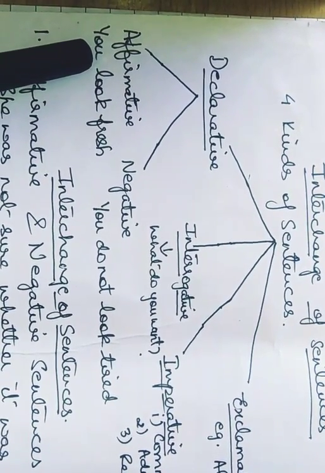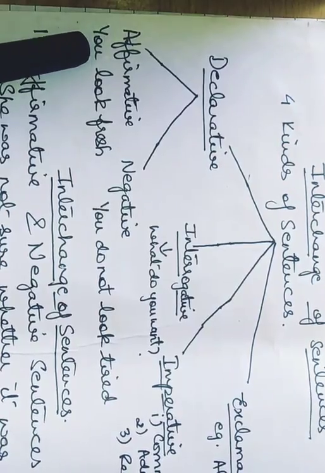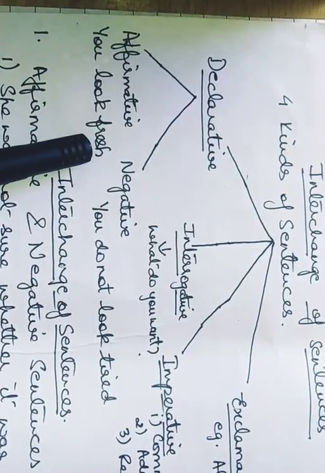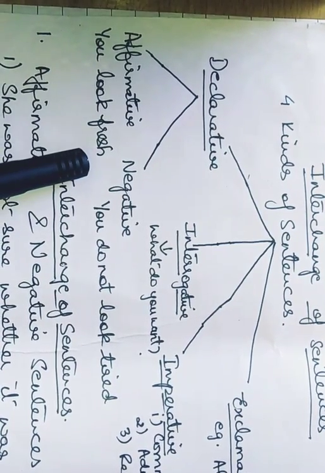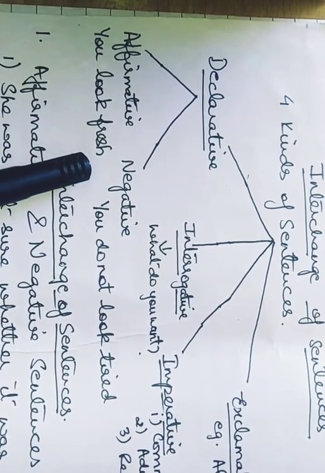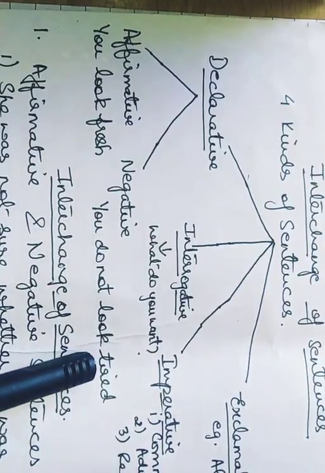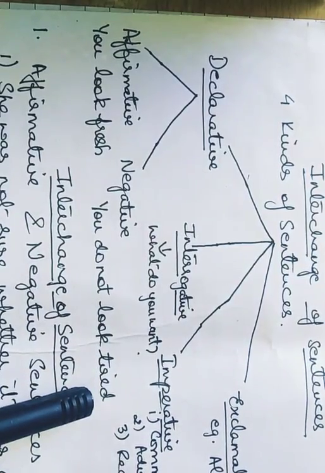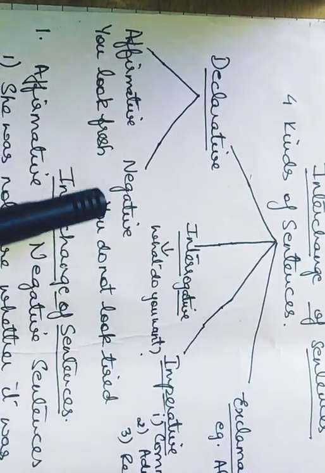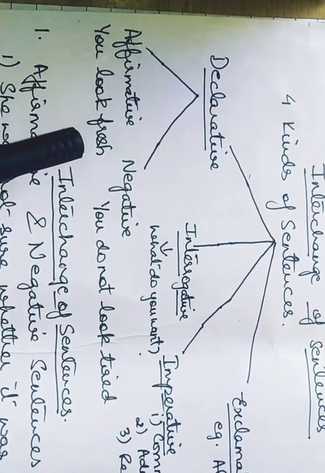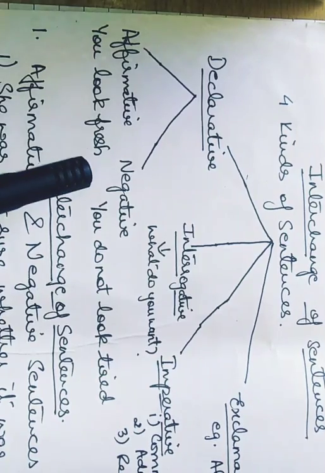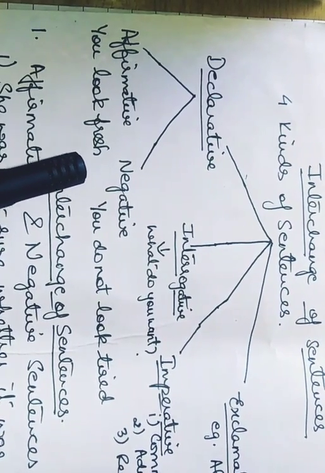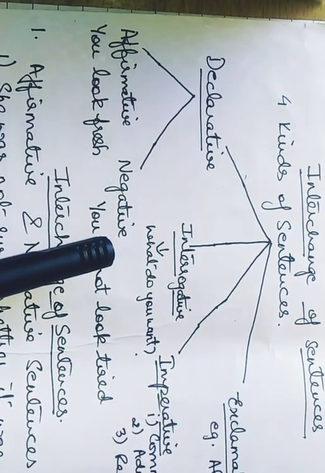Affirmative sentence. Example is, you look fresh. Now if you have to write a negative sentence of this very same sentence, you will say, you do not look tired. Children, you may be under the misconception that just by adding a not to the given affirmative sentence, we can change it into a negative sentence.